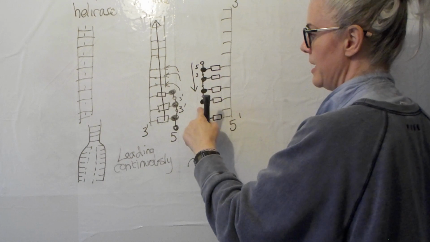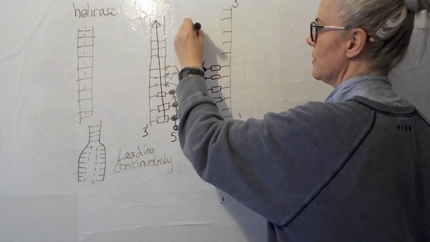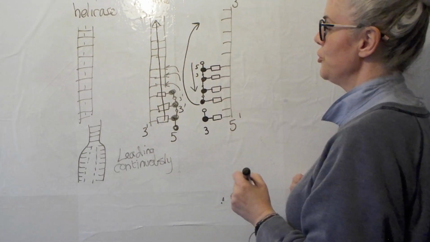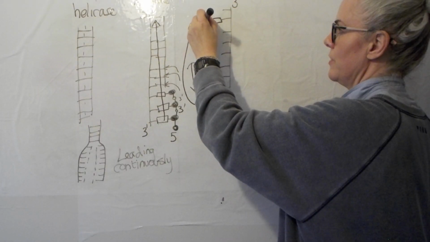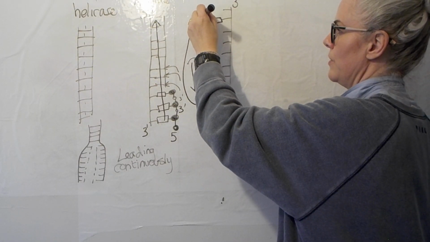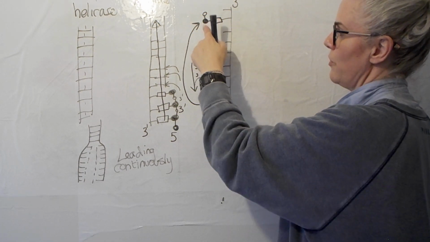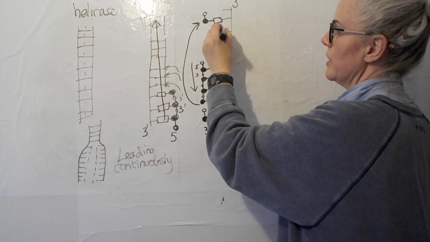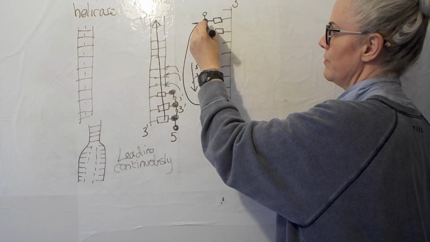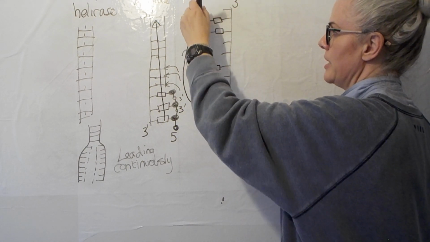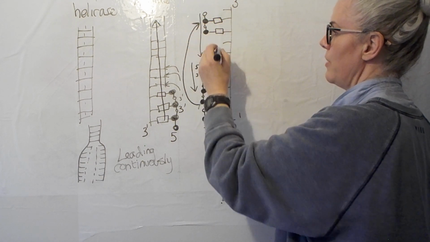And when it gets to the end here, it loops and jumps ahead again. So we'll just add in these ones. So again, we've got a 3' end here, so we can add in the next one. And so we're going to continue to go down that way.